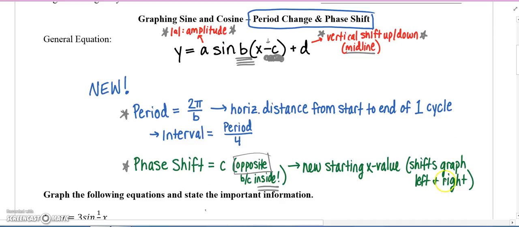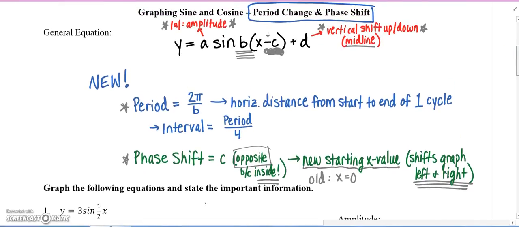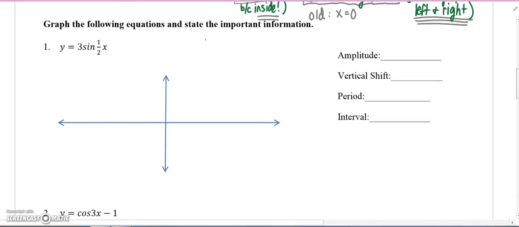And our phase shift tells us that we're shifting our graph left and right, which ends up giving us a new starting x value. Do you know what the old starting x value was? We used to just start at x equals 0. And if there's no phase shift, we'll still start there. But when we do have a phase shift, we're going to have to shift that value left or right. Alright, let's start graphing some and see if we can make some sense of this.